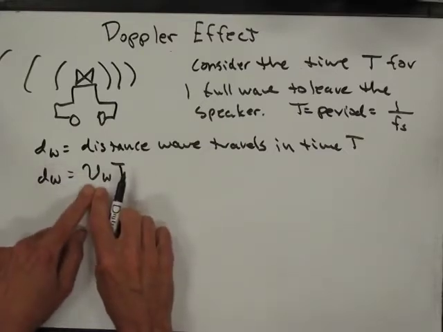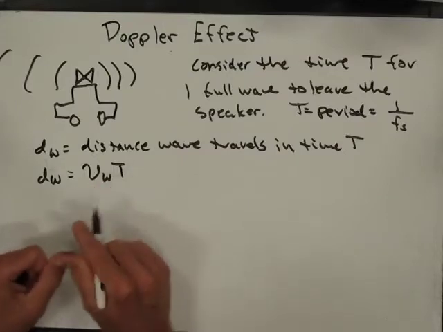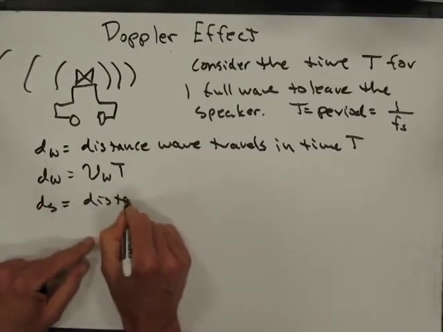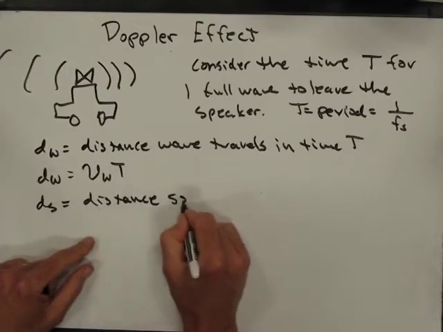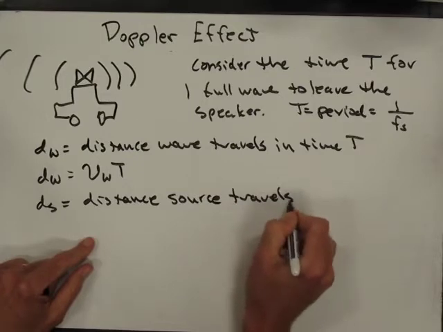Right? That's the velocity of the wave, the speed of sound, times however long it was traveling. Right? d_s equals the distance the source travels, also in time t.